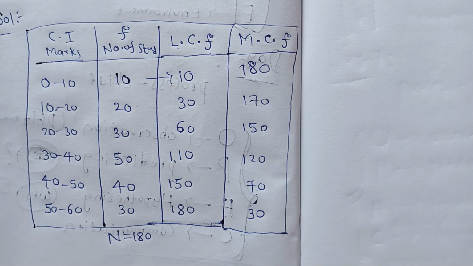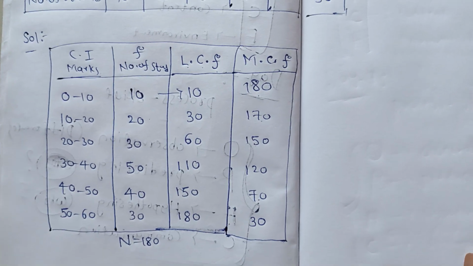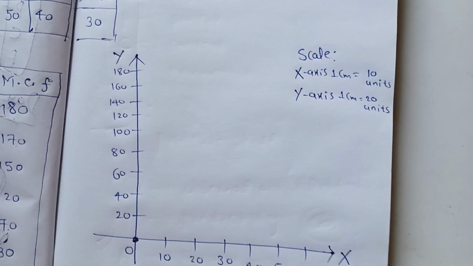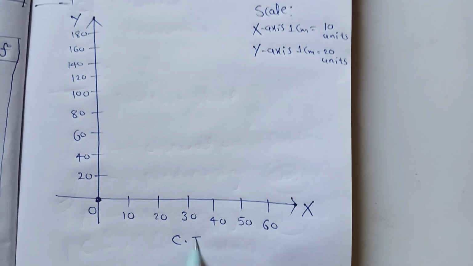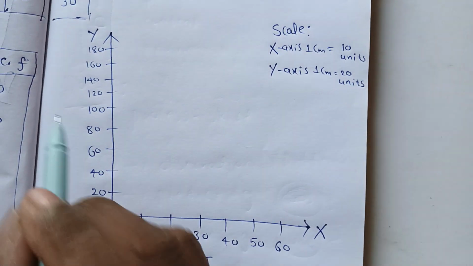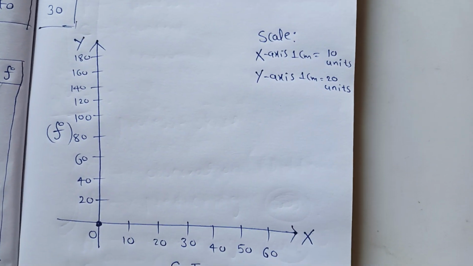Now consider a 2D graph and put all these values in the graph. Consider a graph like this, with class intervals on the x-axis and the less than and more than frequency values on the y-axis.